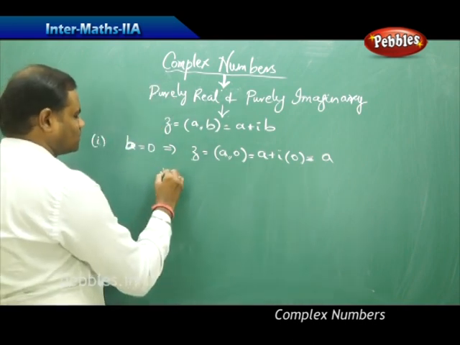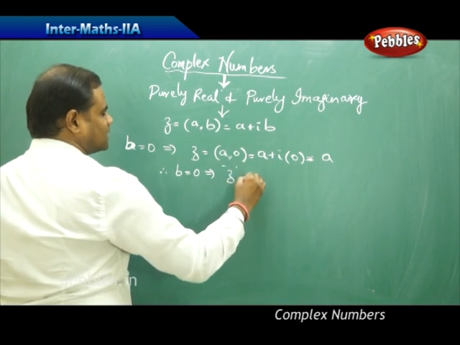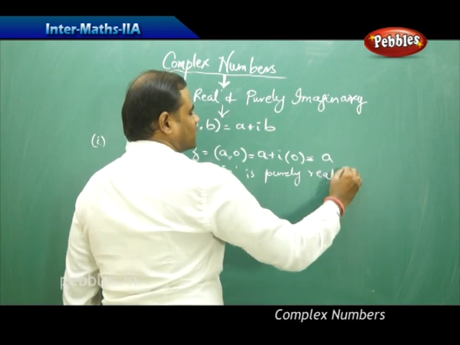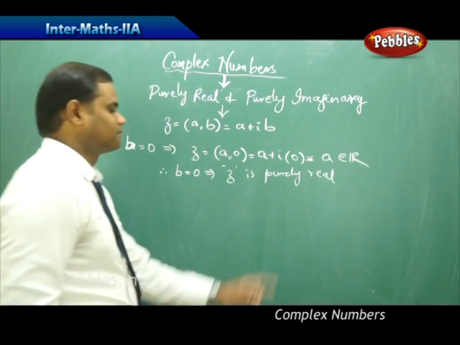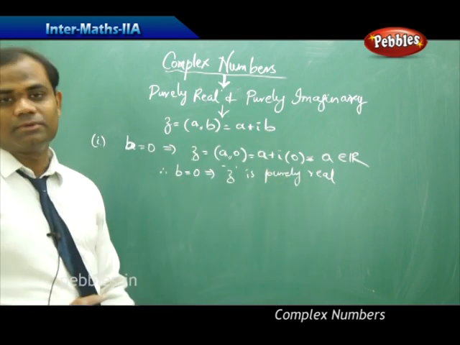Therefore, b equal to 0 implies z is purely real because this is a real number. So the first part is purely real and the second one is purely imaginary.